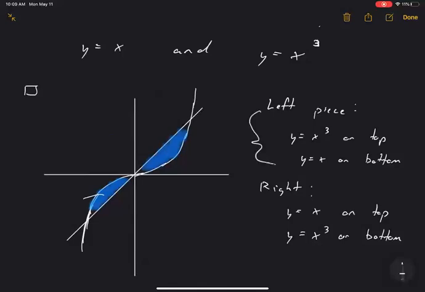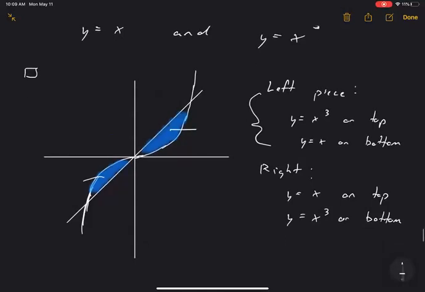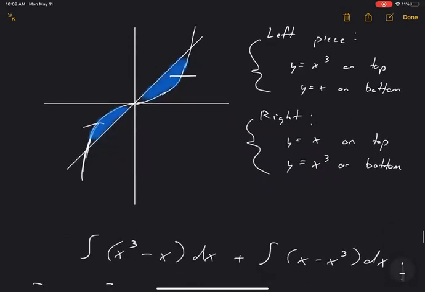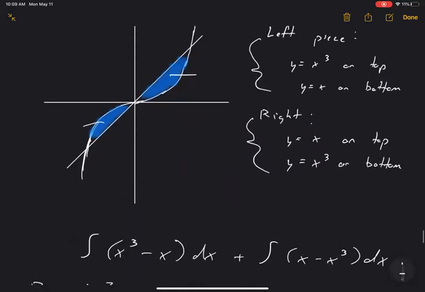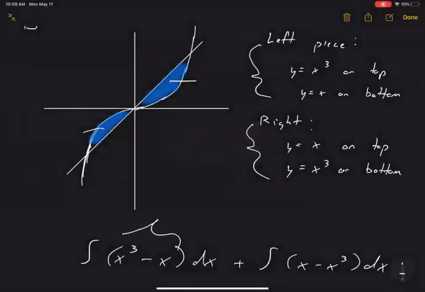So that's what I've stated here. And then in the right piece, it's the opposite. y equals x is on top, y equals x cubed is on bottom. So I need to set up my integral like this. I got my left piece and I got my right piece.